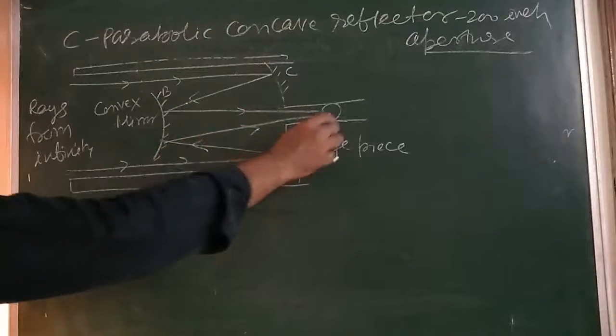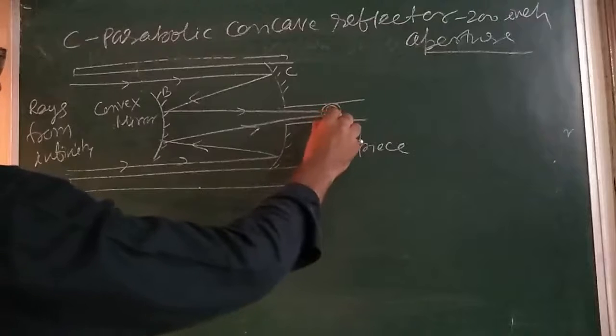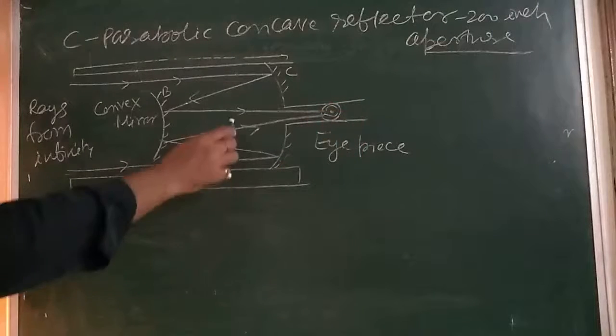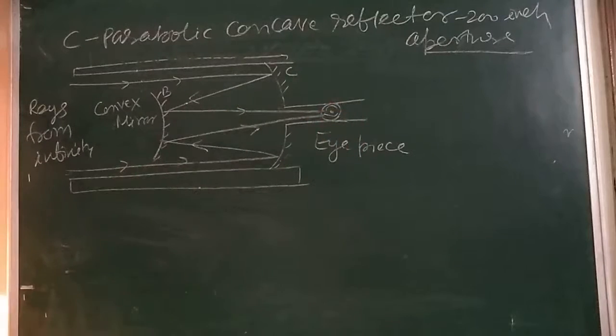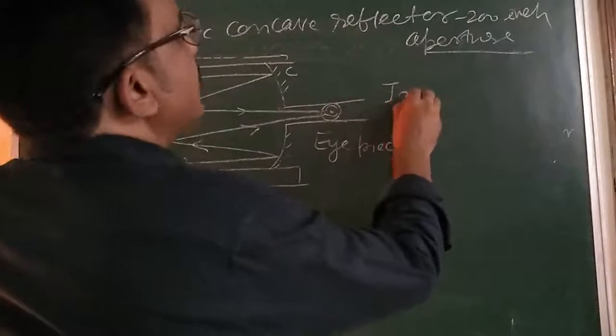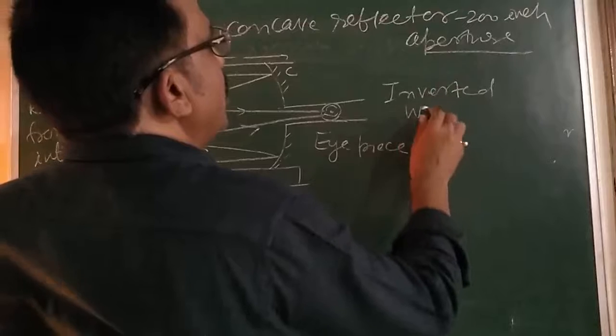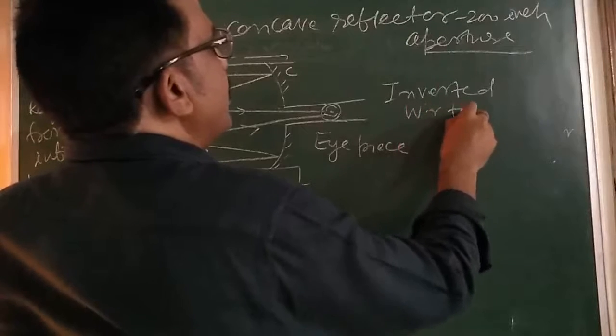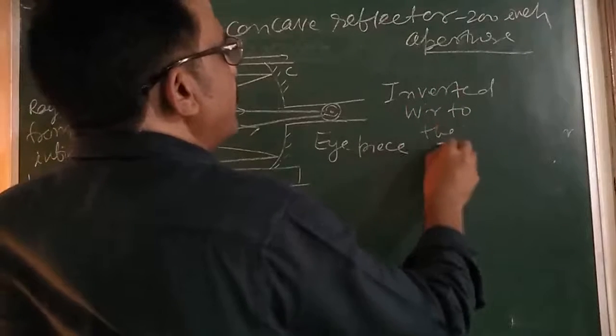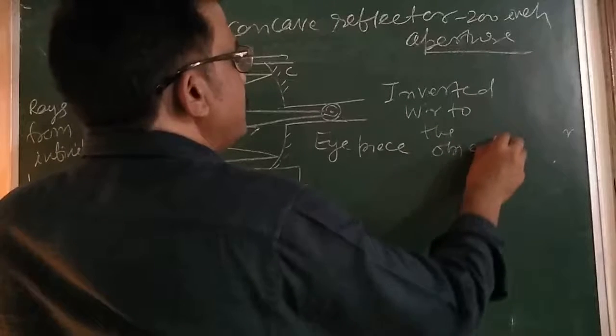And the final image, here is our eye. The final image seen by the eyepiece is inverted with respect to the object.